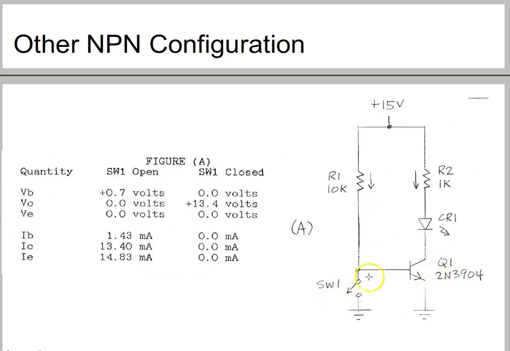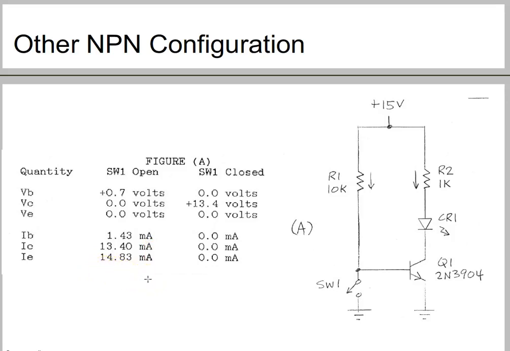So when the switch is open, it will be turned on, and in that case your base voltage is going to be 0.7 volts, and IB for this particular case is going to be around 1.4 milliamps. So as you can see, when the switch is open, IB is going to be 1.43 milliamps, IC is going to be 13.40 milliamps, and emitter current is going to be 14.83 milliamps.